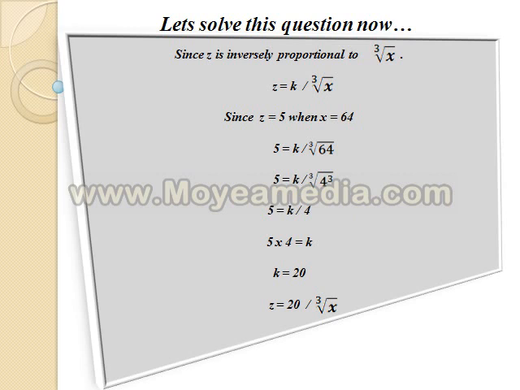So this cube root will be cancelled with power 3, and we'll get just the 4 here. Since I need the k, I brought this 4 from the right side to the left, and k is equal to 20. Replacing the value of k, I got the final equation here, 20 divided by the cube root of x.